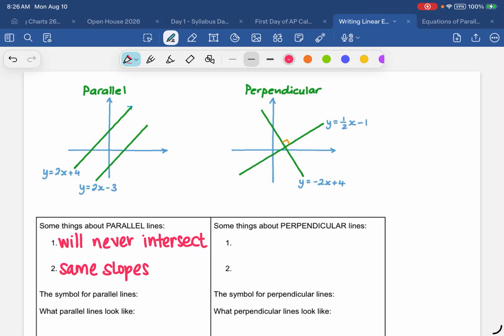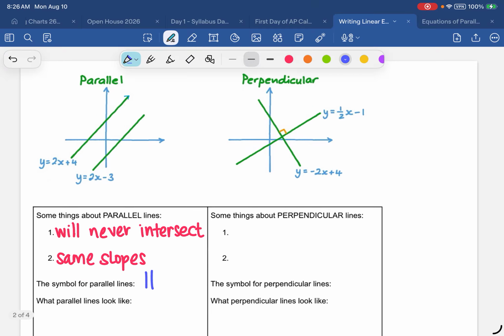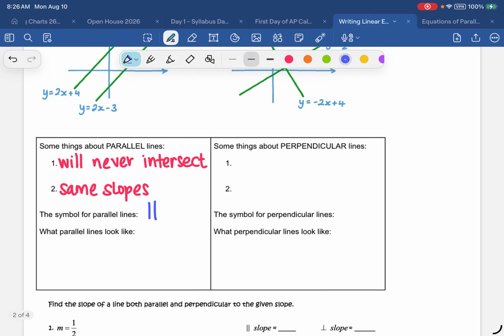You'll see this symbol, two straight up and down lines, for parallel lines. That means parallel. Parallel lines can look a lot of different ways. They could be both horizontal lines, or both angled in a certain direction. This is what parallel lines look like. They never cross. They look like railroad tracks.